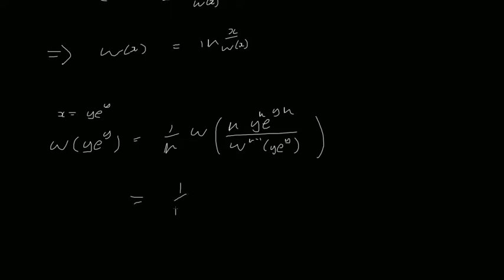which is equal to 1 over n times W of n y to the n e to the y times n, divided by y to the power of n minus 1, which is y to the n divided by y.